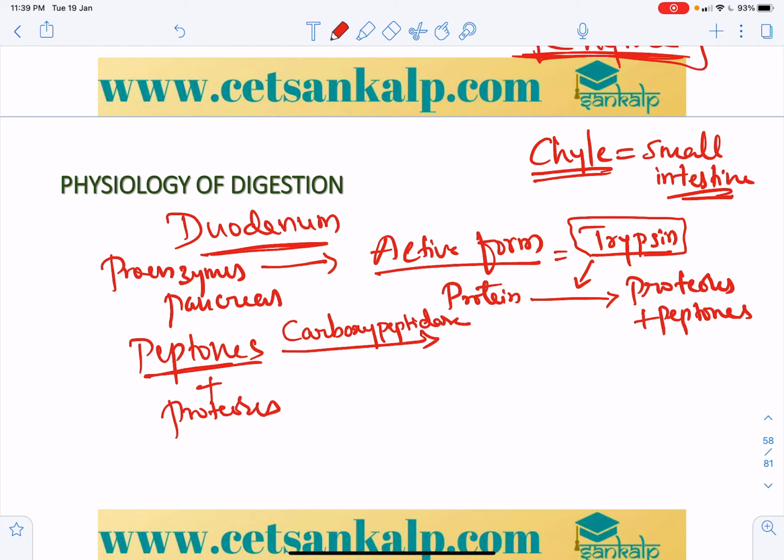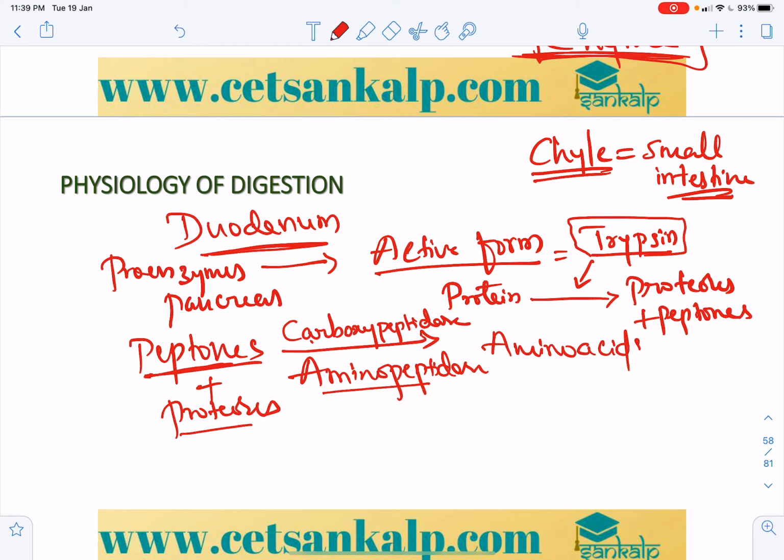Same like that, one more enzyme is aminopeptidase. These are the activated forms. Now they act on peptones and proteoses and convert them into amino acids, or directly into dipeptides.